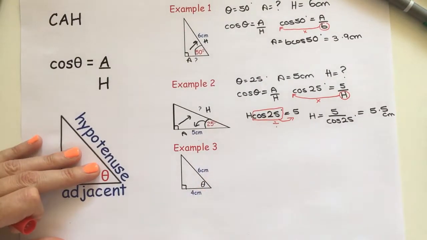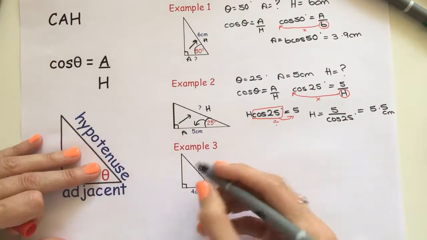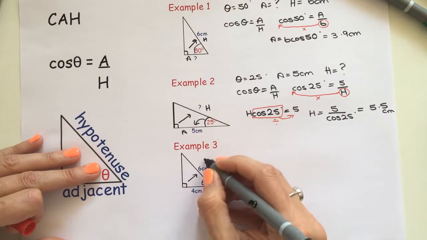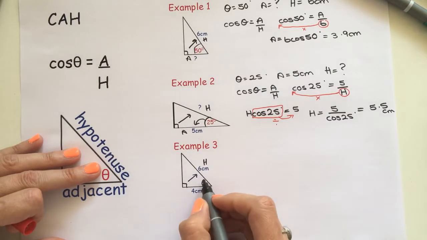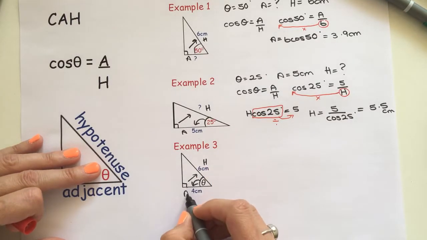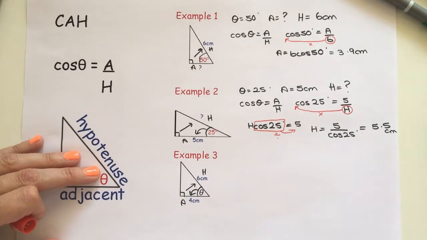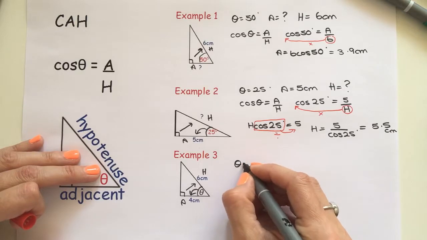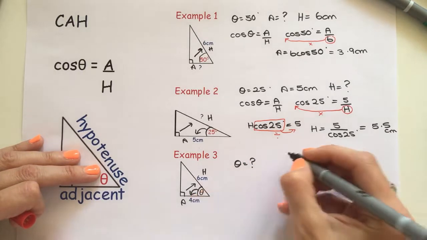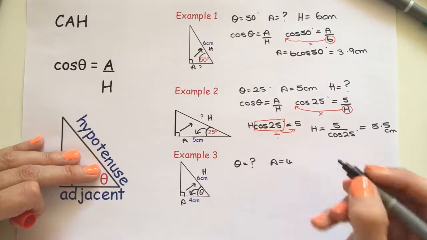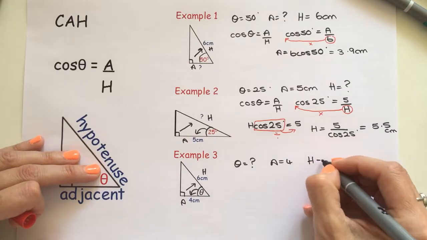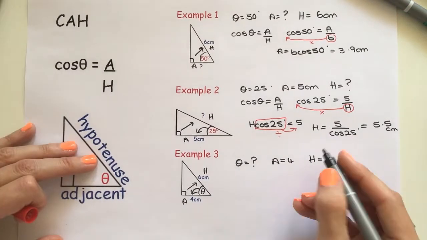And the last one. So, starting again, label up the diagram. So, across from the right angle is h, next to the angle is A, and we are required to find the angle theta. So, theta, we don't know. A is involved in the question, that is 4. H is involved in the question, that is 6.